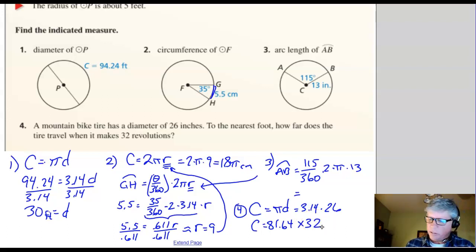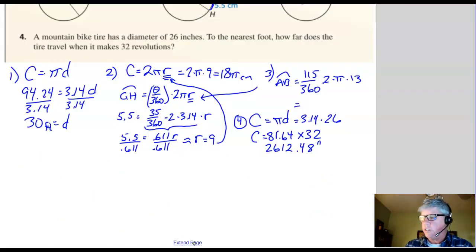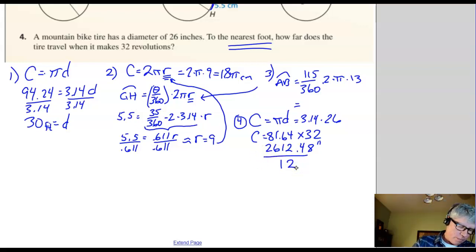And we get 2,612.48 inches. Okay, so that's the total that we've gone. And what's going on with inches is it says to the nearest foot. So we just need to divide that by 12. Divide by 12, and we get 217.7 feet.